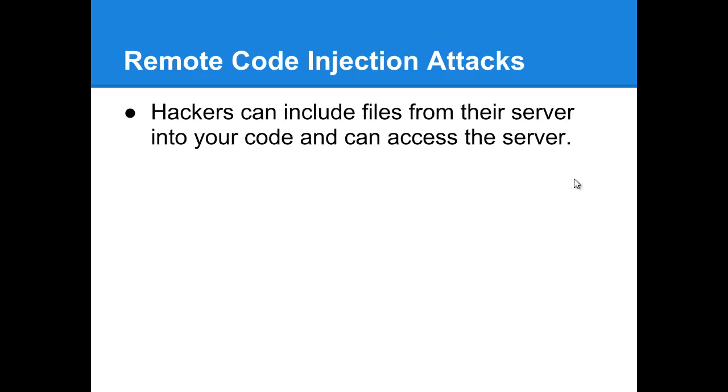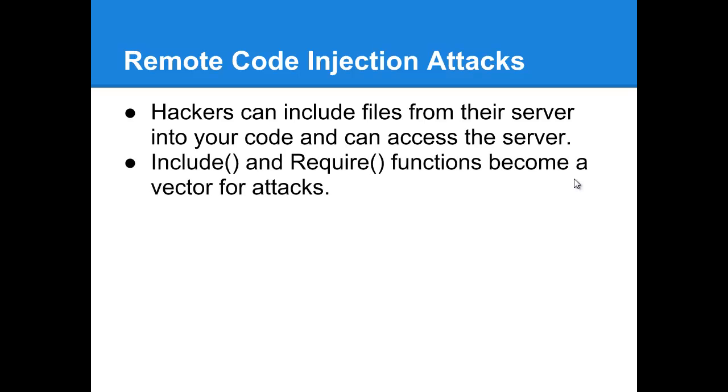So, remote code injection. This one is problematic, but I see it used less and less, especially the method that I cover here. I'm sure there's another way of doing it, but one of the more common ways is the way I cover here. Hackers can include files from their server on your server.